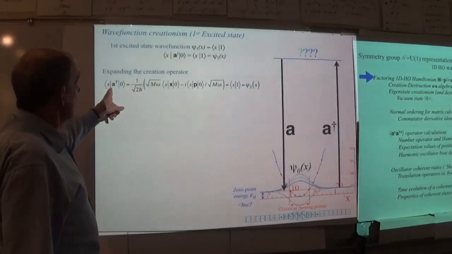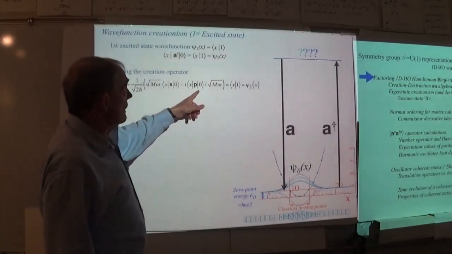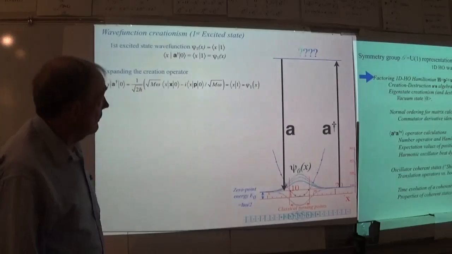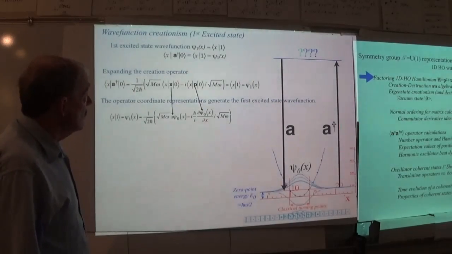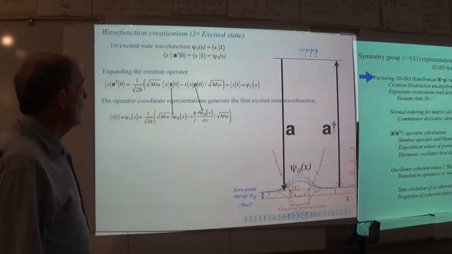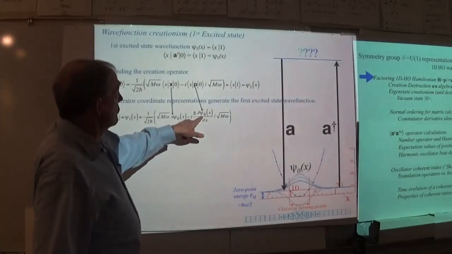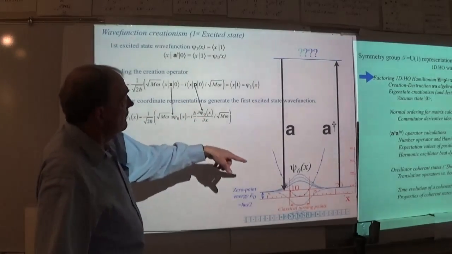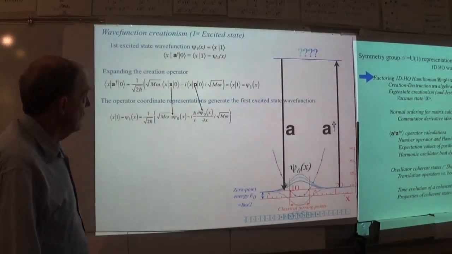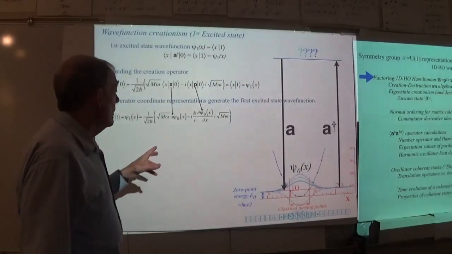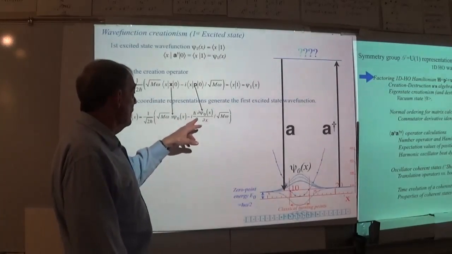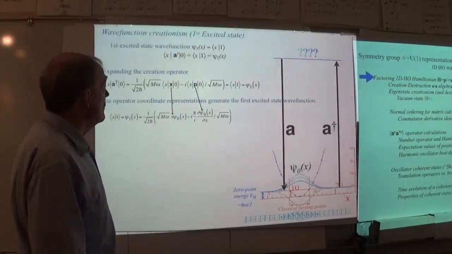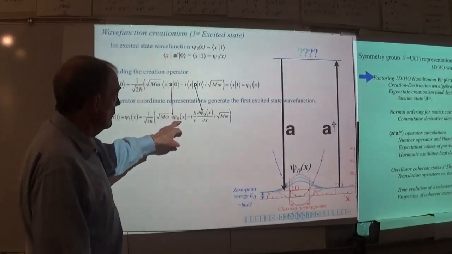And the creation operator needs to be expanded, so that we can actually look at what we'll be dealing with here, and then we need to take the derivative of the Gaussian function that we had, and then subtract that from the coordinate x times that Gaussian.